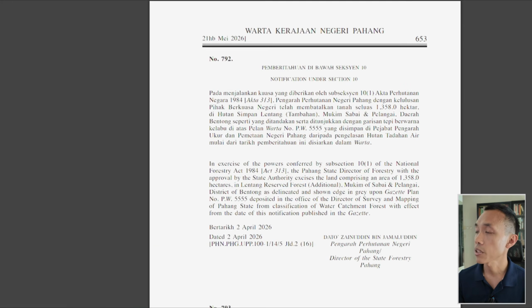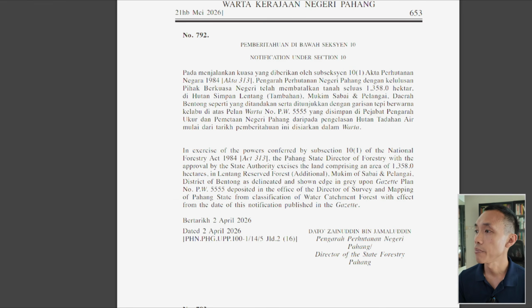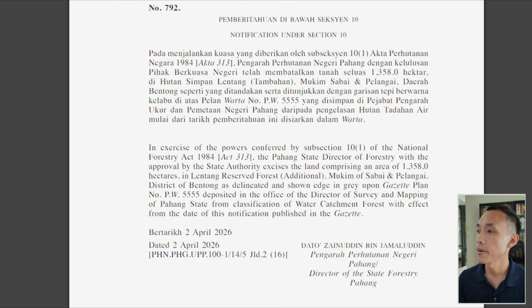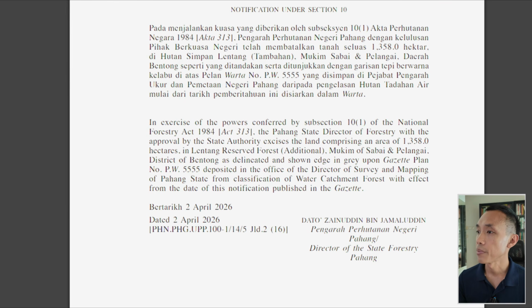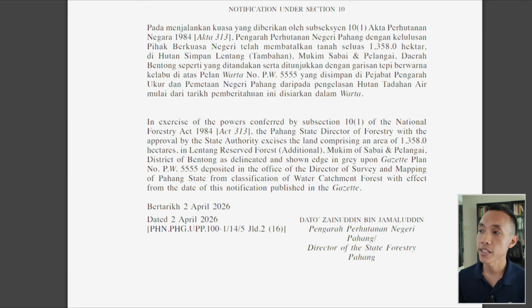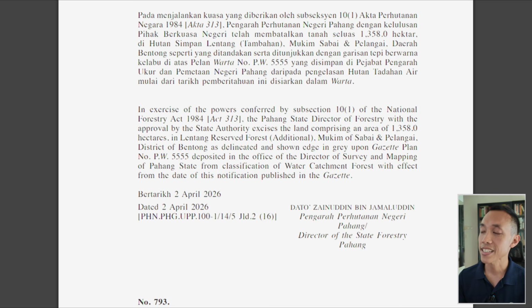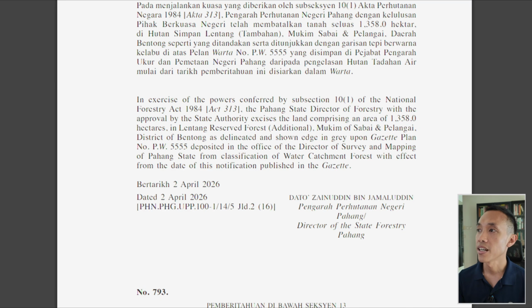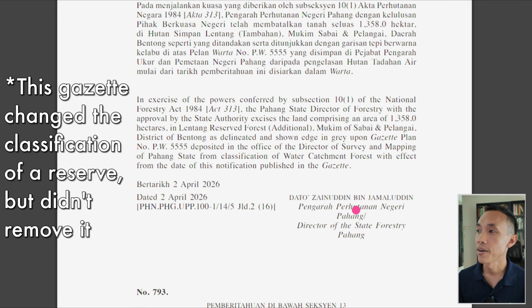So if we take a closer look at this one, it basically says that the Pahang government, with approval by the state authority, has excised, which means that it has removed the land, this word here, excise, remove a land of about 1,358 hectares from which forest reserve?